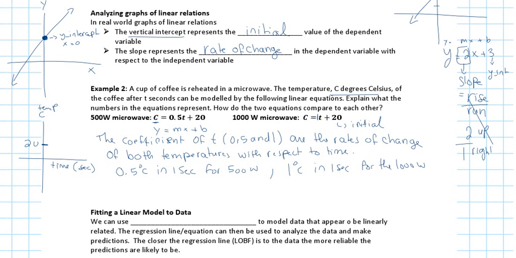And the constant 20 in both equations is the initial temperature of the coffee.